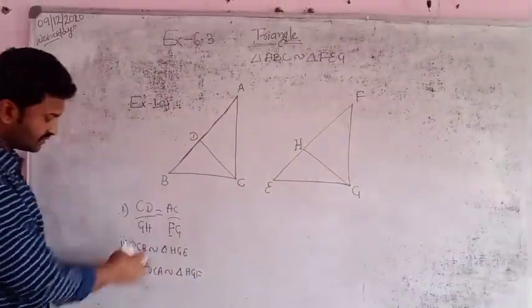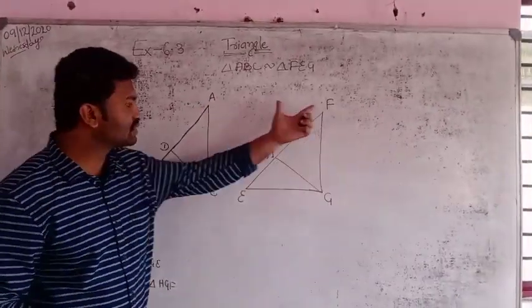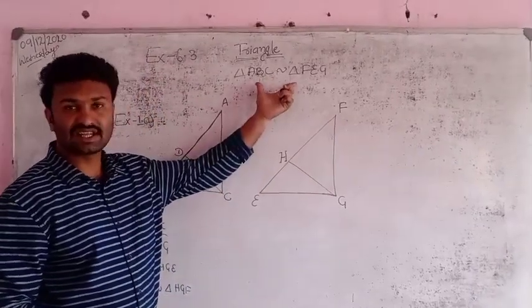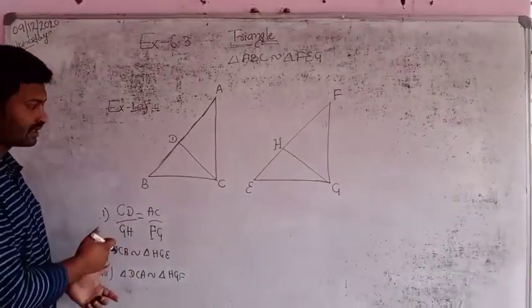We have to prove the first three, and the given thing is ABC is similar to FEG. With the help of this statement, we'll try to prove all the remaining three.